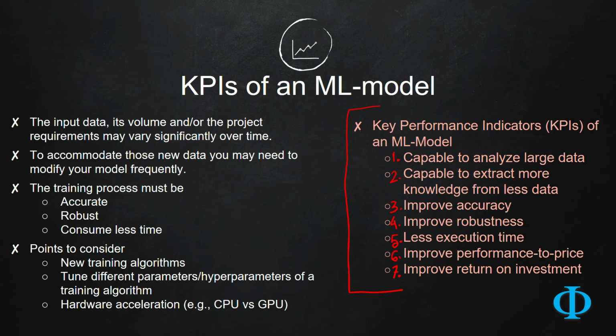For example, hardware resource investment, man hour resource investment, or let's say someone is taking a lot of time tuning your model for many different datasets. All these different things come under this category. So your model should be built in such a way that it can improve the return on investment, or ROI, of the company.